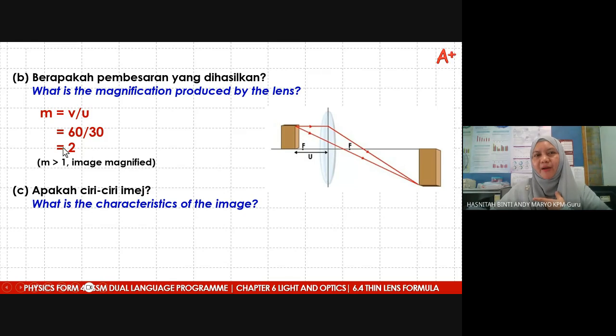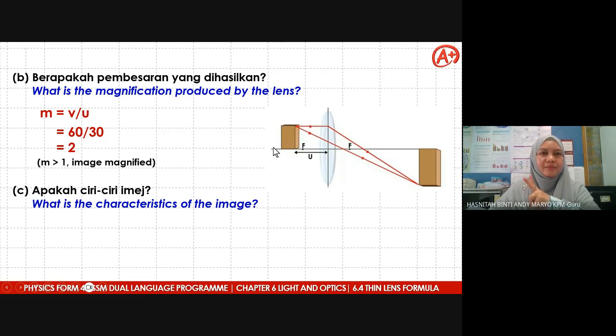When you find M equal to 1, the size of the object is the same as the size of the image. And when you find M less than 1, it means the image is diminished, or smaller than the object. So here we find M equal to 2, so we understand the image is magnified twice. 2 here means it is magnified 2 times, twice the size of the object.